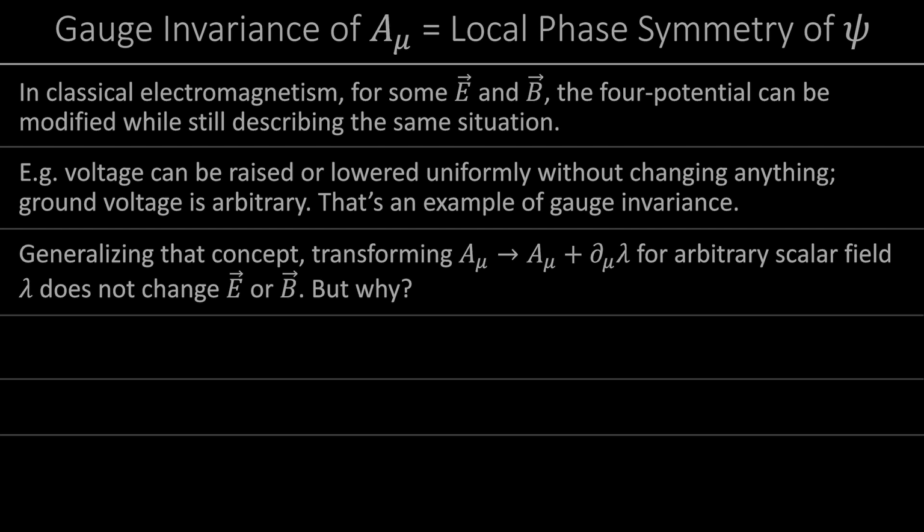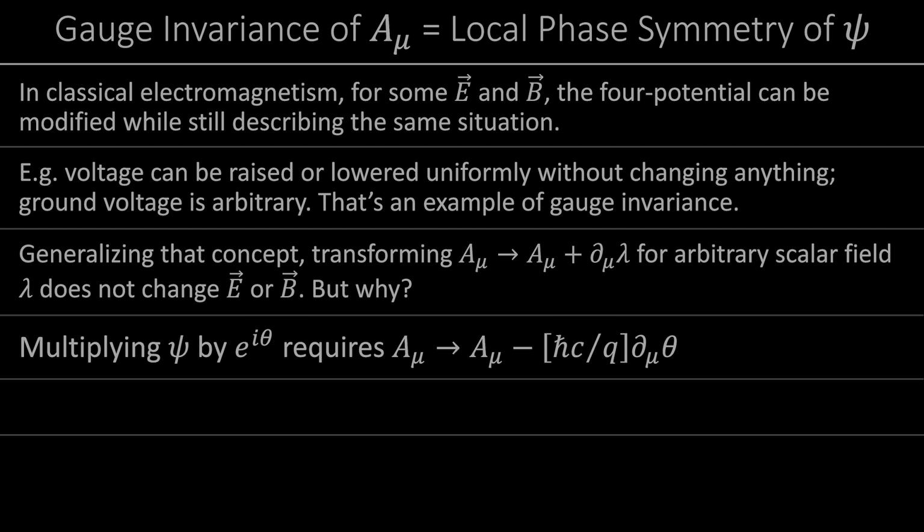Like, that's weird, that the 4 potential is loose like that. Where does that come from? But from the perspective of gauge theory, we can see that it comes directly from the local phase symmetry of psi. So for example, if you multiply psi by e to the i theta, where theta is some function of spacetime, then as we've seen earlier in the video, the 4 potential is going to have to transform and pick up a factor of negative h bar c over q times the 4 gradient of theta.